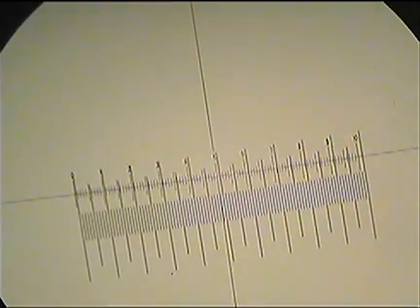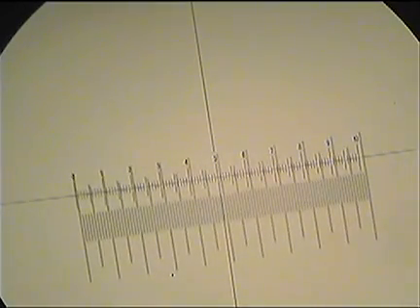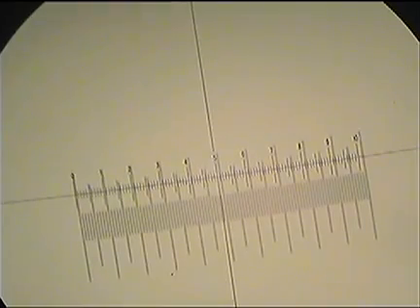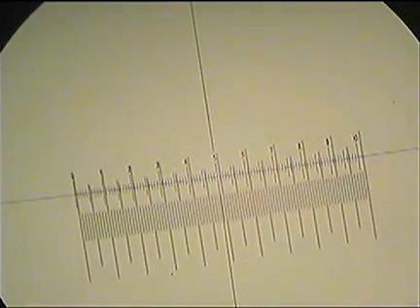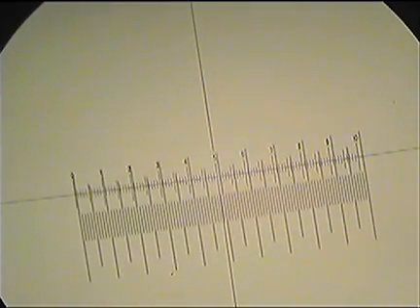And the entire stage micrometer, which is 10 of those larger ones, is obviously then 1 millimeter. So the smallest unit is 0.01, the next largest is 0.1, and the entire thing itself is 1 millimeter.